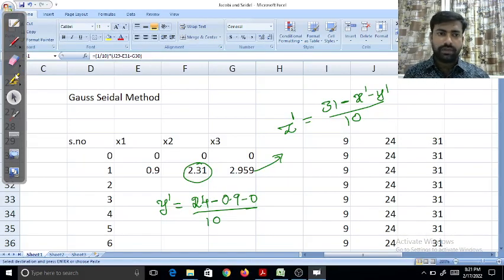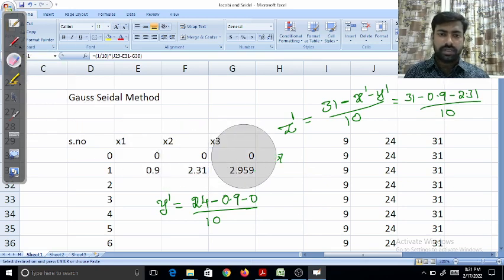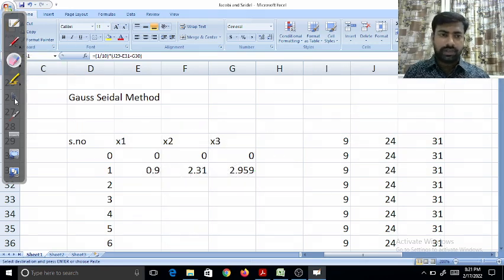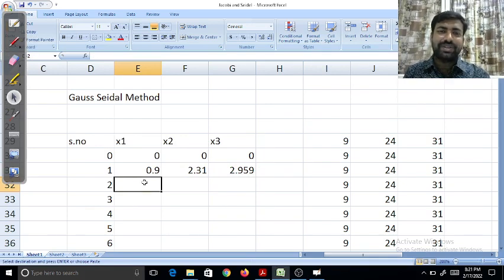So here we have to substitute 31 minus 0.9 minus the updated value of y, that is 2.31, divided by 10. So this will give you this value. This is how we calculate. Since you will not have a system in the examination, you should bring your calculators and do this work with a calculator only.